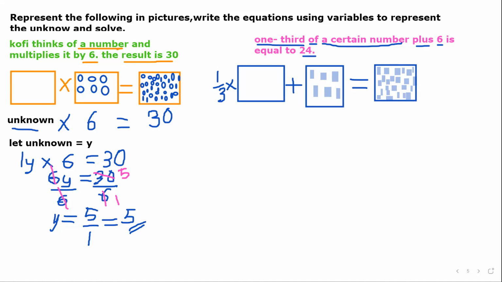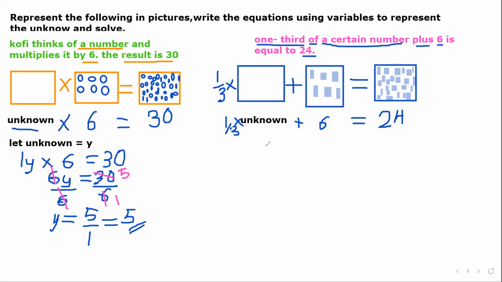So you translate them into, so here is unknown. Okay, we have unknown here. So 1/3 times unknown plus 6 equal to 24. Okay, good.